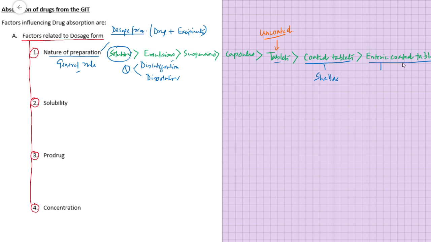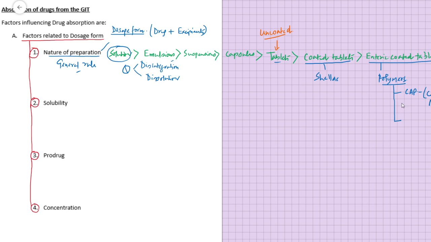These tablets are coated with polymers, and what would be the examples of polymers? The most important would be CAP. Now what is CAP? Cellulose acetate phthalate. So this is a polymer.